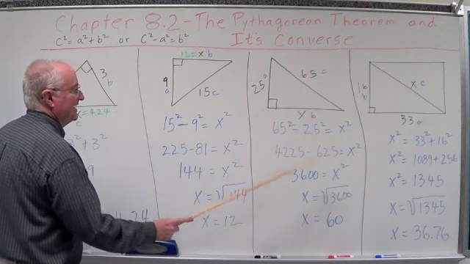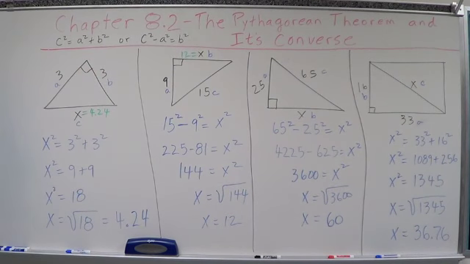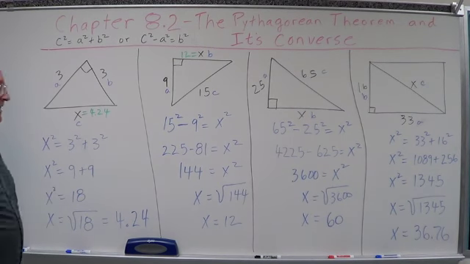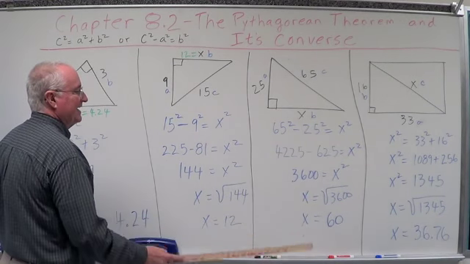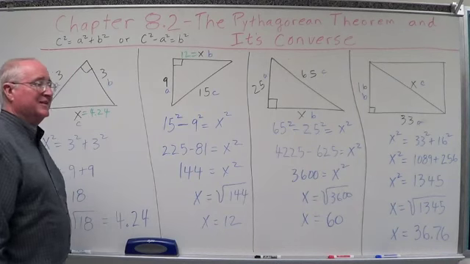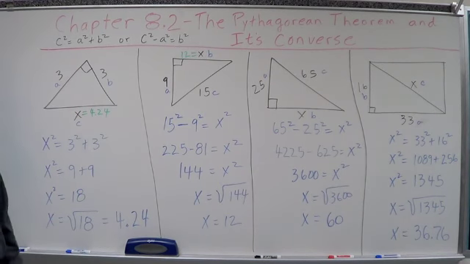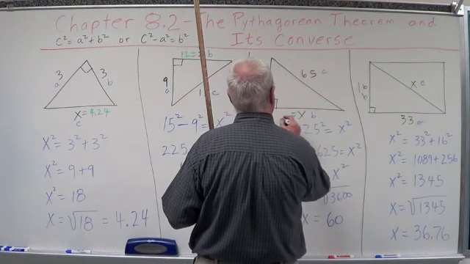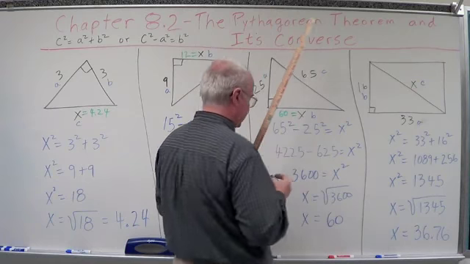We get 3,600 equals x squared. I don't want x squared, I've got to take the square root of it. So x equals the square root of 3,600, which happens to be 60 multiplied by itself. So x equals 60. This side over here equals 60.